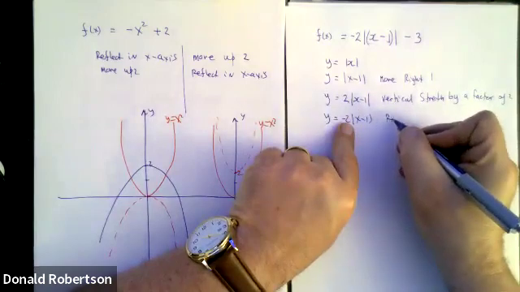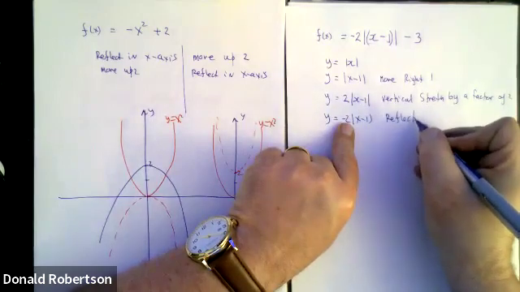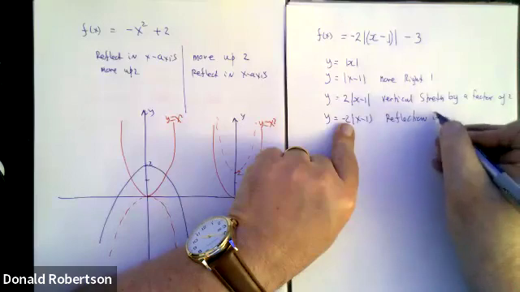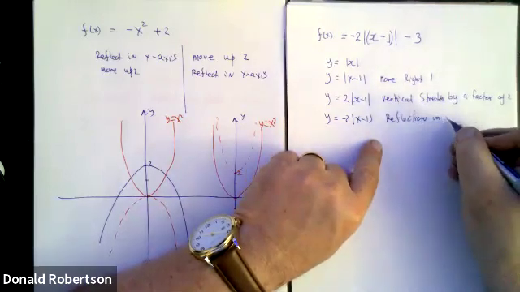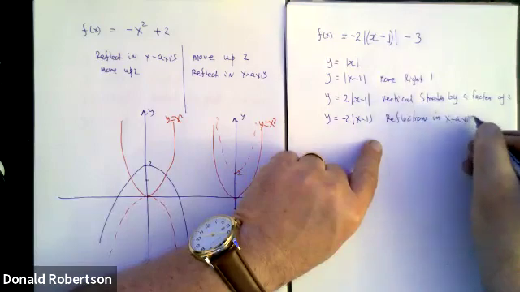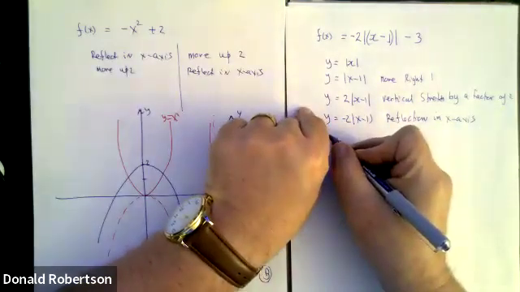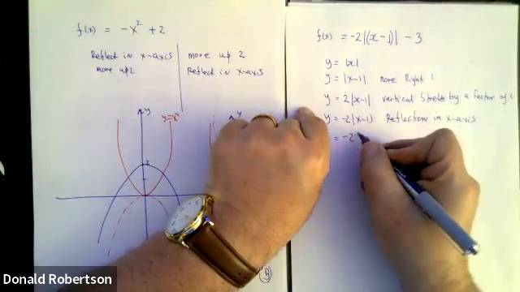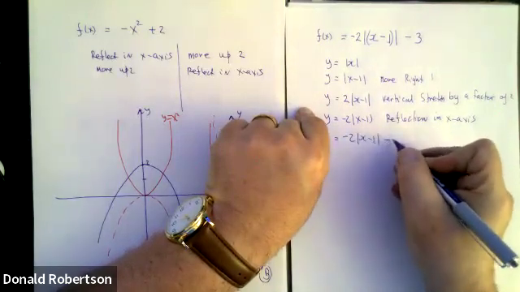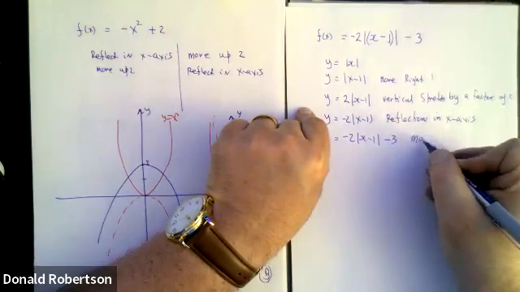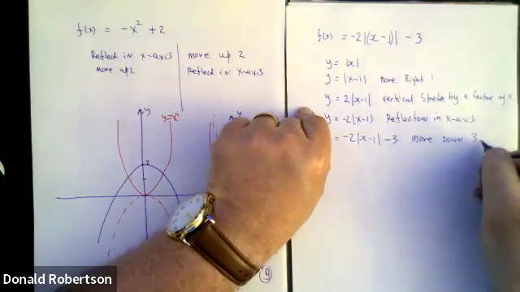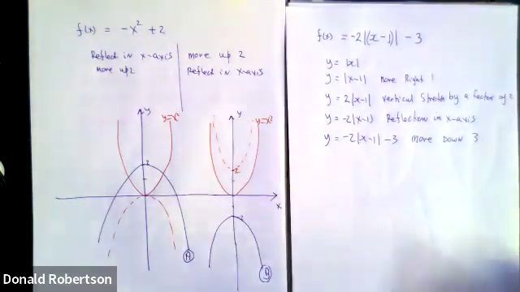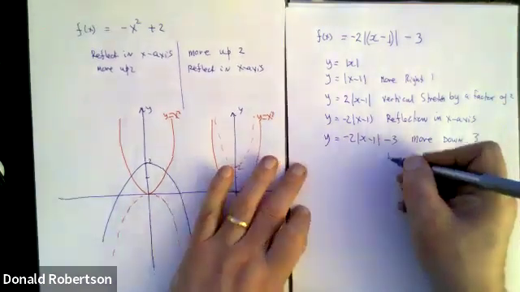This is a reflection in the x-axis. Then the last thing you do is move everything down 3. Now that's like the ultimate, anything that can go wrong does go wrong in this question.